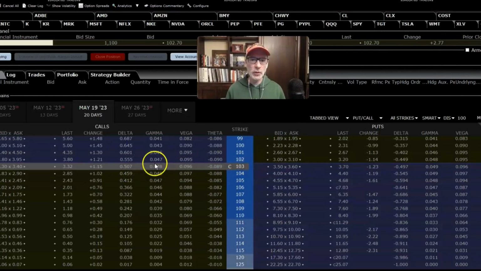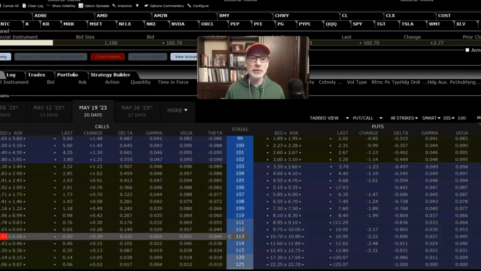Really, the 102s and 103s have the highest gamma. So it's 4.8 cents, 4.8 percentage points, which means the delta is going to move by 4.8 points, higher or lower, based on how much the stock moves. Okay, a $1 move in the stock. The gamma tells you how much the delta will move. So you really don't need to worry yourself about that as much.